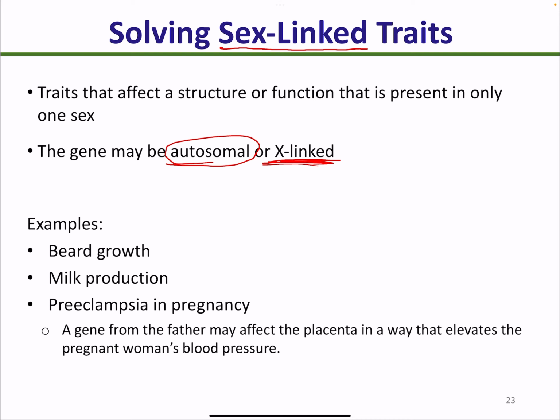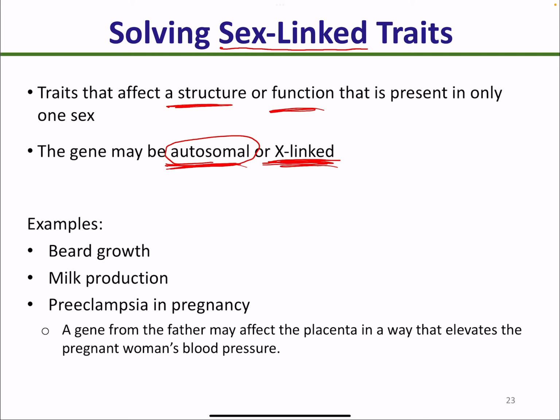Let me step back here and make sure that I'm not saying anything confusing. So the traits that affect a particular structure or a particular function, and that is present in only one sex, say a female, are going to behave as if these traits were autosomal traits or X-linked. There we go. That's what I wanted to say.